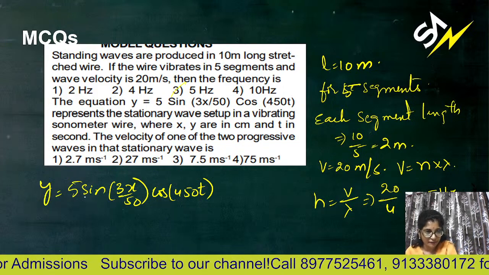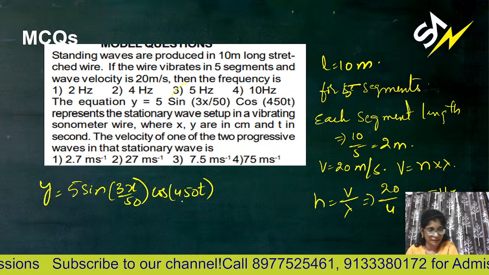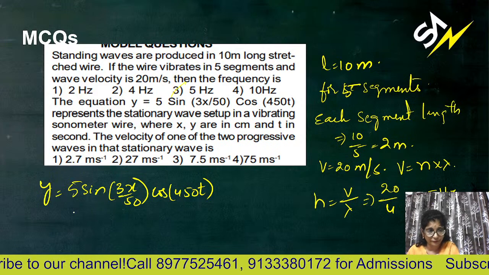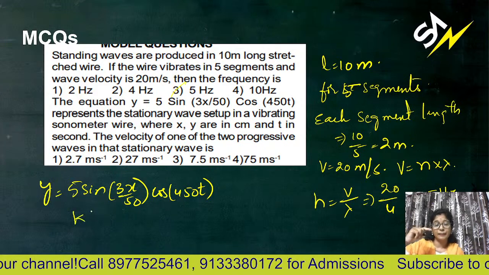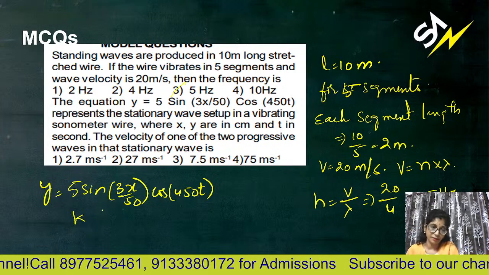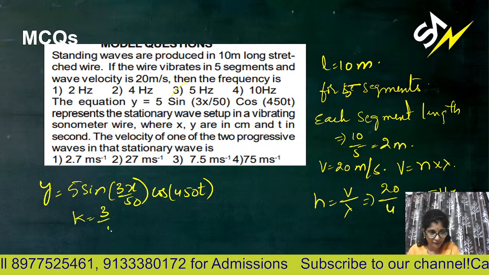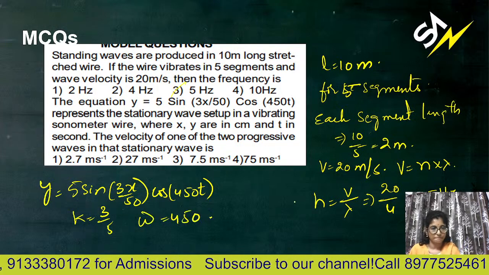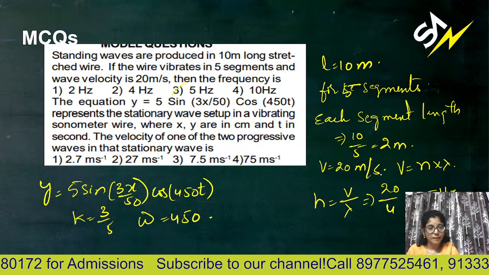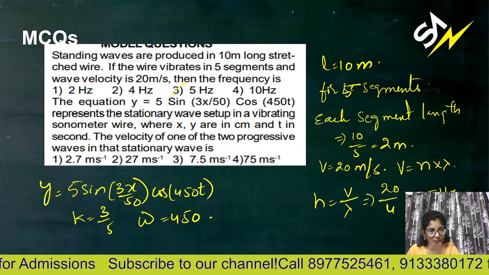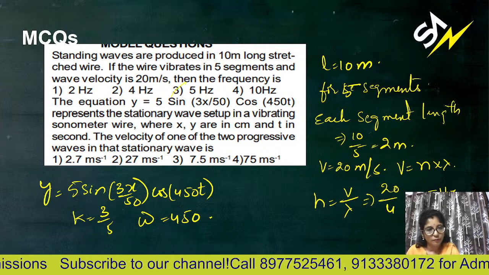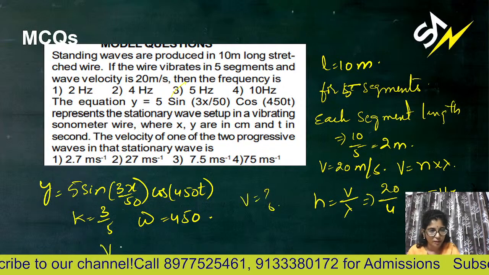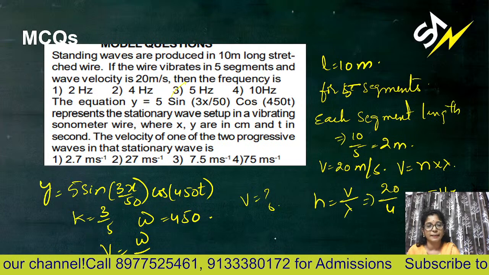If you compare it to the original y equation with omega t and kx, we get k is equal to 3 by 50, because kx, and omega is equal to 450 only. What they are asking us to find out is wave velocity. V they are asking us to find out.